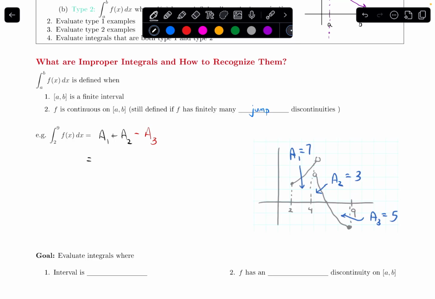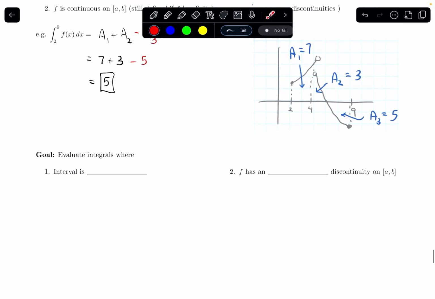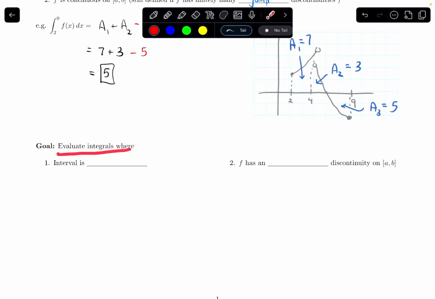And then plugging in, this is 7 plus 3 minus 5, which just equals 5. All right, so that's how I can handle an integral in a situation like this, where there's just a jump discontinuity. Our goal in this section is to talk about integrals in a slightly more complex situation.